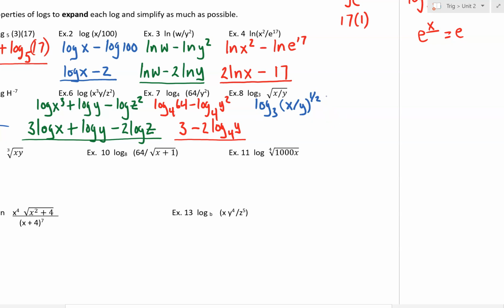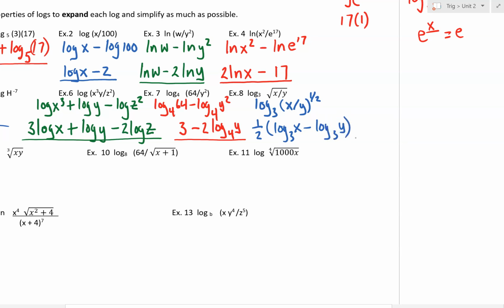Now I have an exponent, so I have to move the exponent to the front. This is going to say 1/2, and then inside here, I'm going to have log base 3 of x minus log base 3 of y.